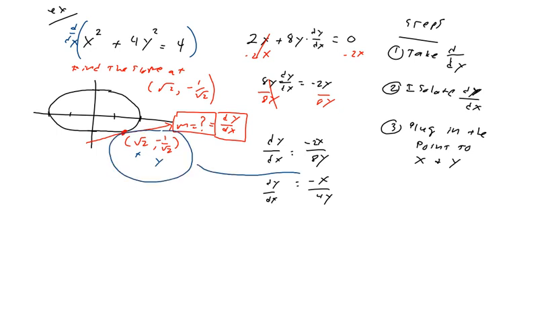Plug that into my x and y here. And when I plug it in, I'm going to get a value, and that value is going to be the slope. So dy dx is going to be equal to negative square root 2 over 4 times negative 1 over root 2.